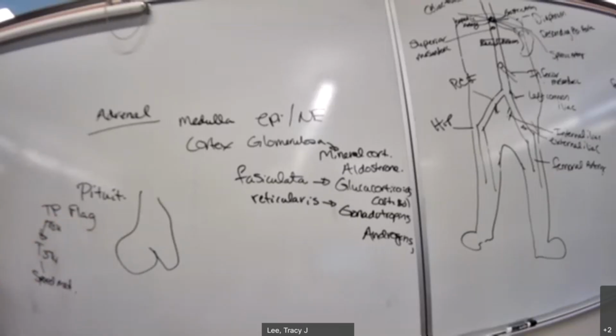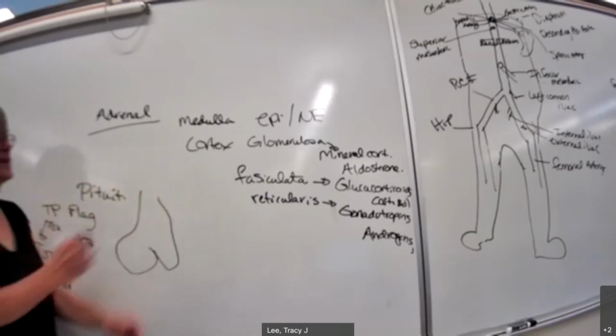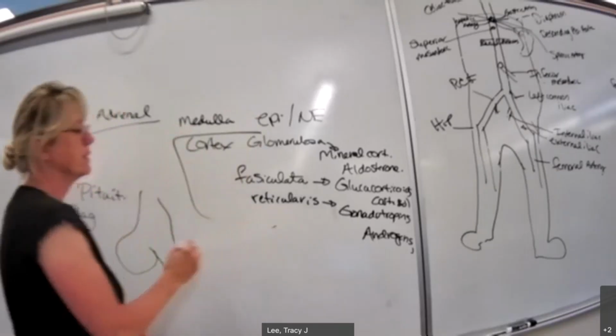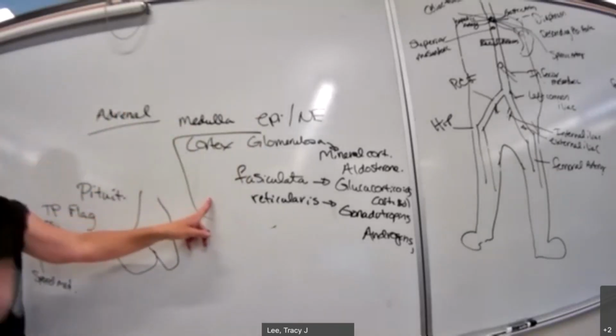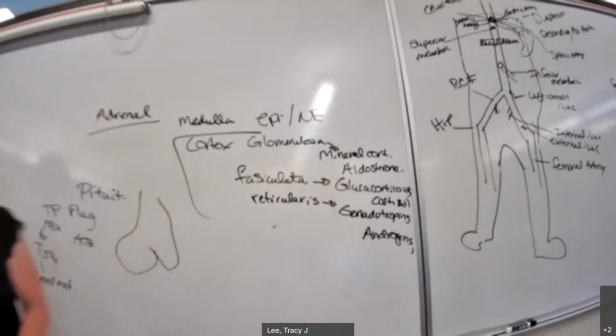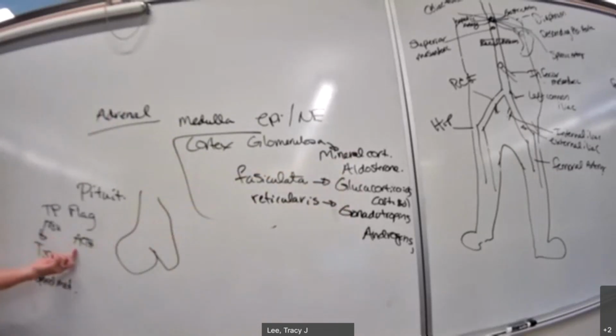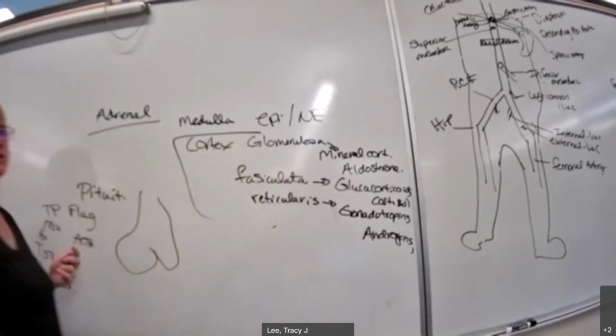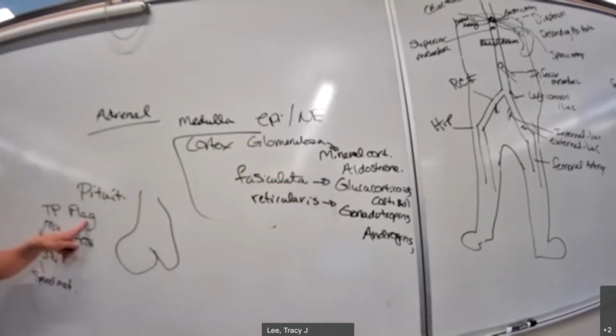What is A? ACTH, what's that say? It talks to these guys right here. It says, hey, cortex guys, go secrete one of your hormones. So this is the stimulating hormone to the cortex of the adrenal gland.